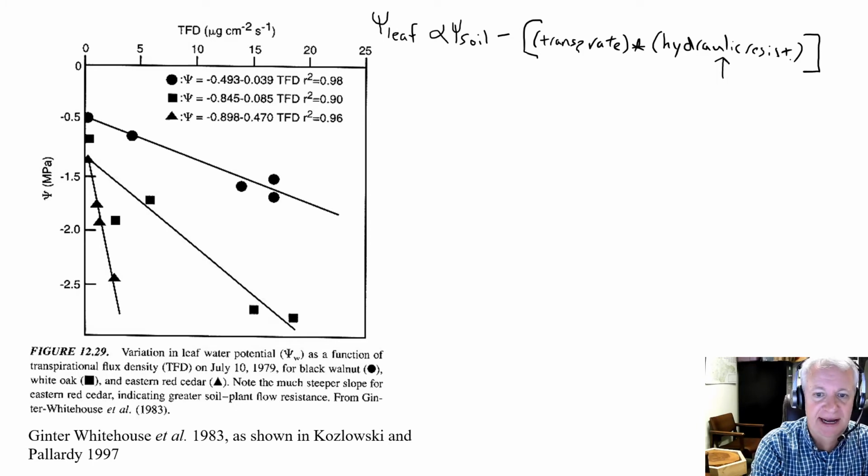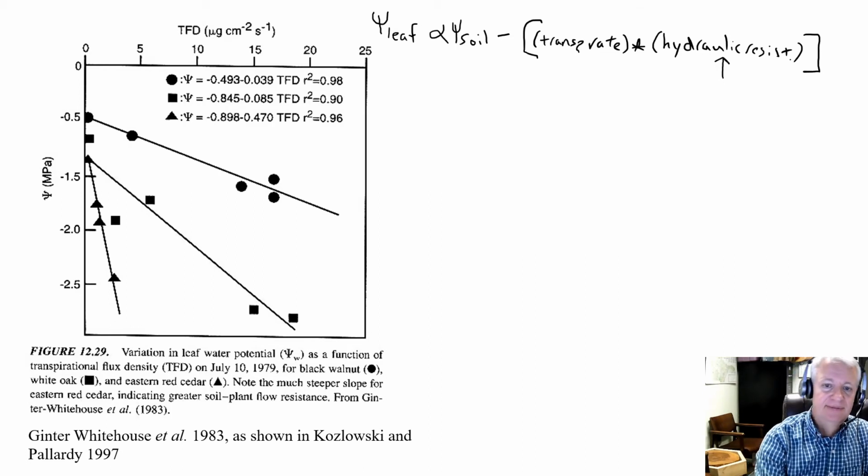So let's think about that relationship given this graph. In this graph, the scientists measured water potential of leaves of 3 different species of trees. So the different symbols are the different species of tree. And they measured them throughout the day.